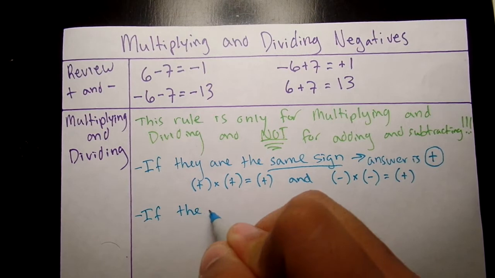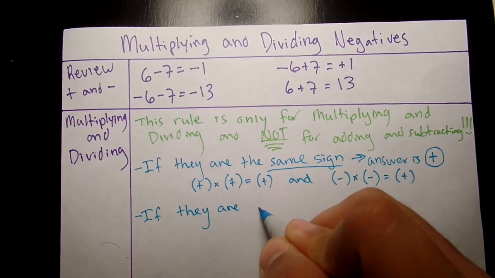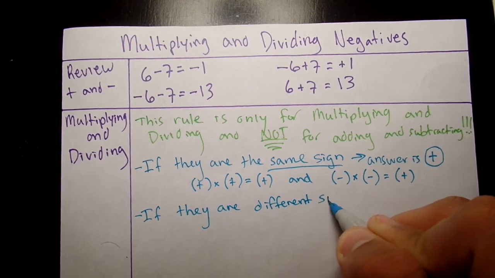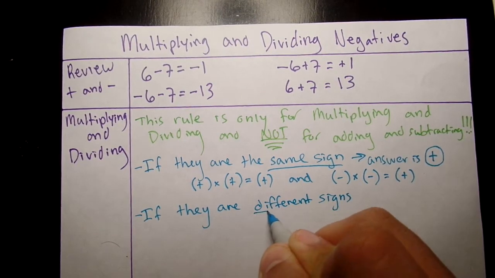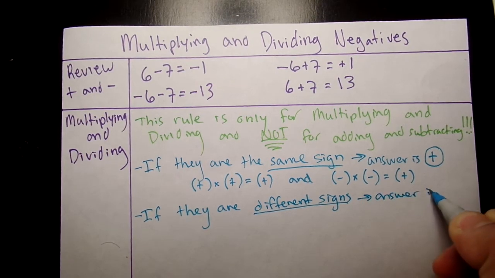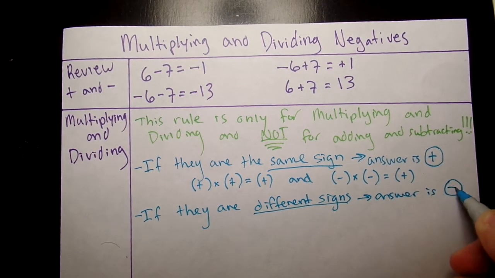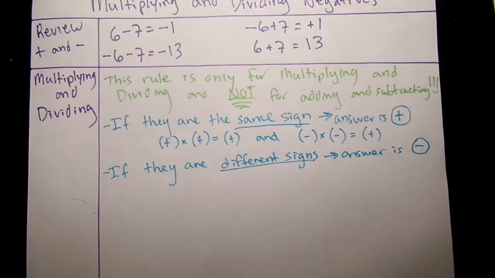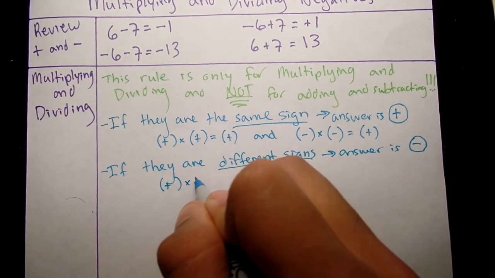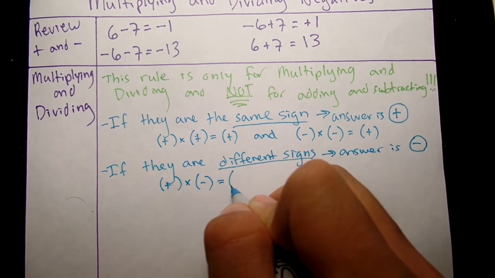And lastly, if they are different signs, the answer is negative. What I mean by that is a positive times a negative equals a negative.